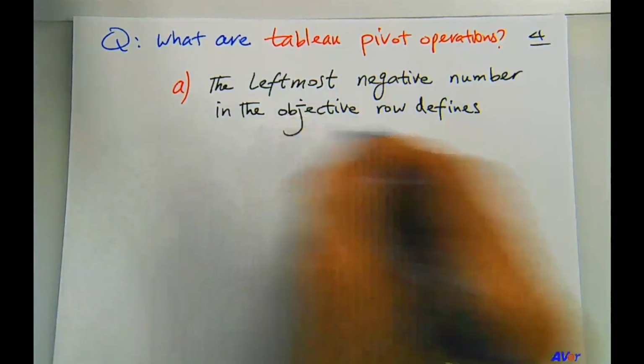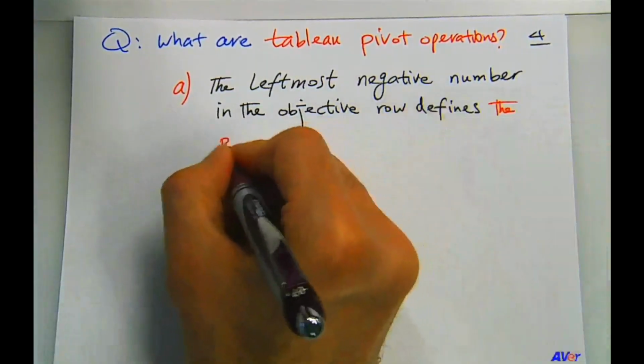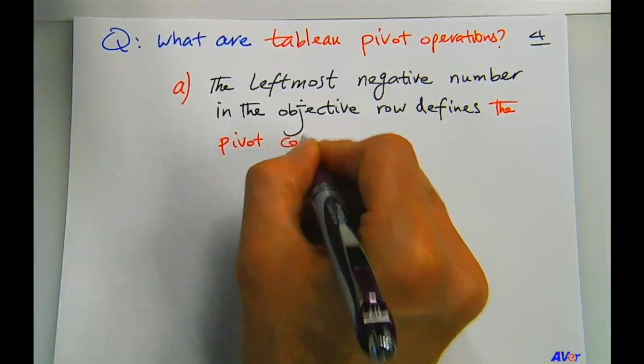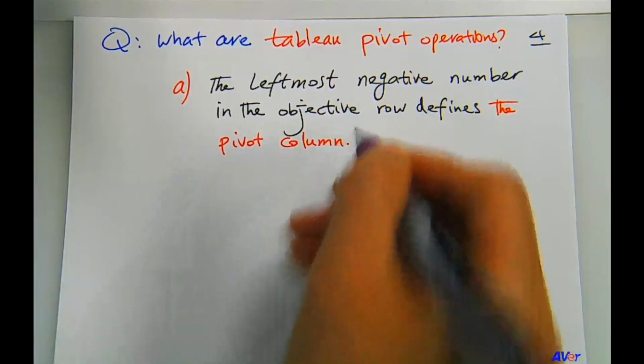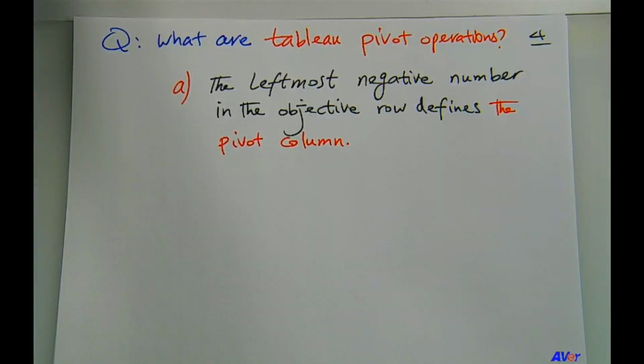define the pivot column. So recall that the bottom row of the initial simplex tableau always consists of the coefficients of the rearranged objective function. And by rearranged, we mean we move all the terms to the left-hand side and set the whole equation equal to 0.